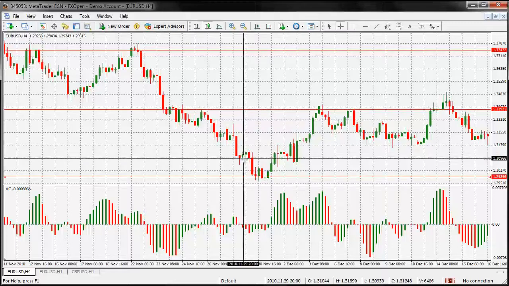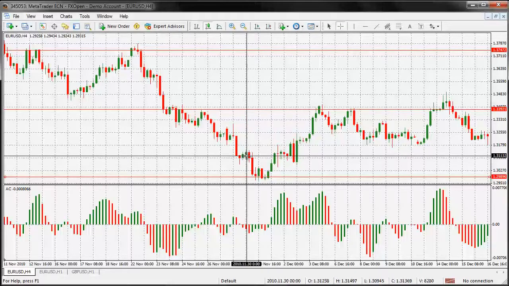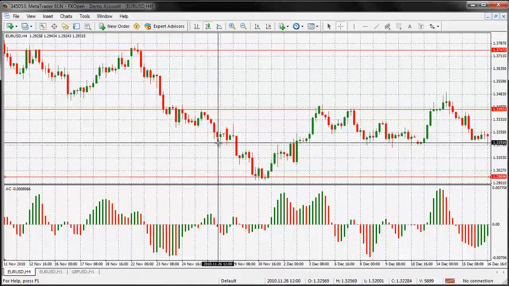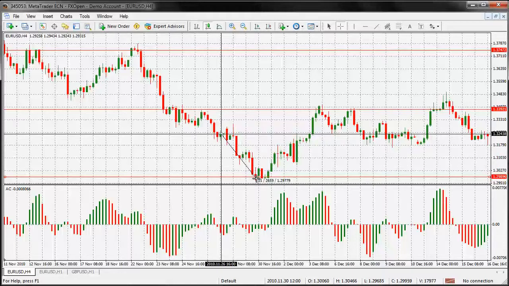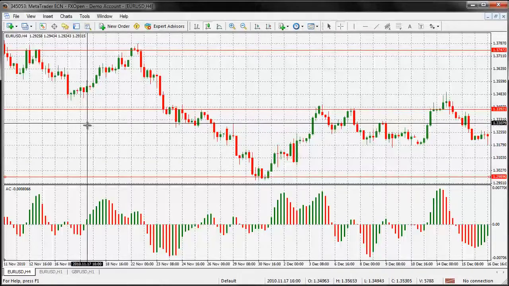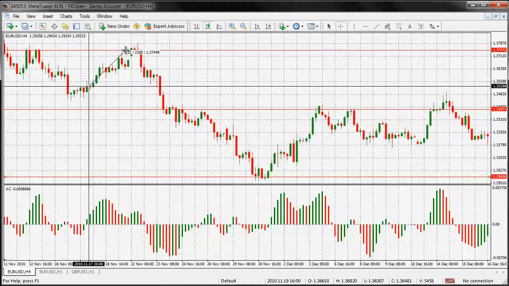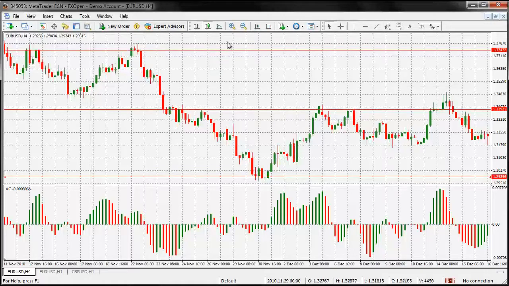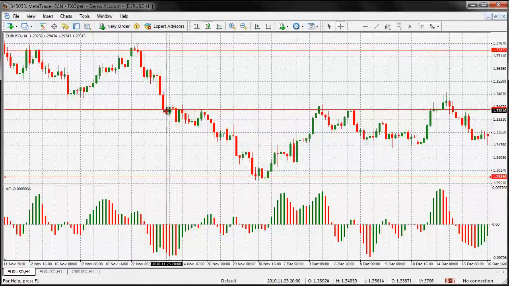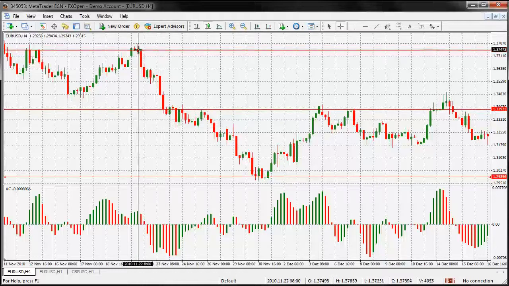Alright, now let's take a look at where we would have got in. Let's take a look, on this bar here, so we would have got in there, and we would have hit our TP in 44 hours for 254 pips. Now let's take a look at this, ladies and gentlemen. From here to there, we would have made 216 pips in like 52 hours, and then there was a gap from where we closed out, which was up here.